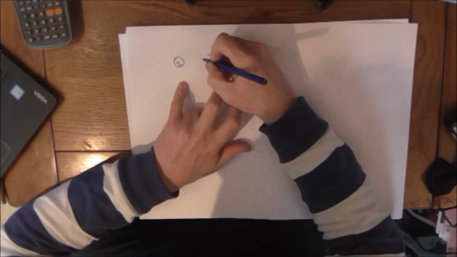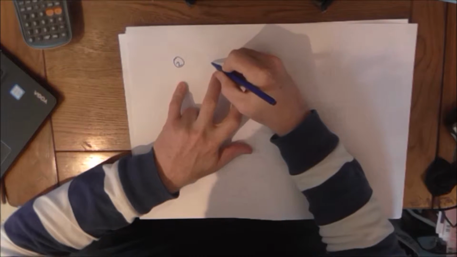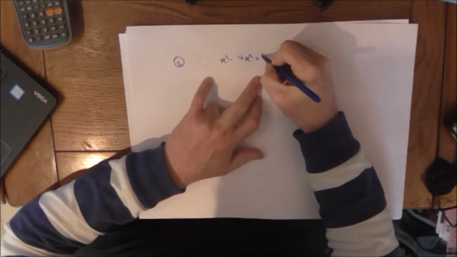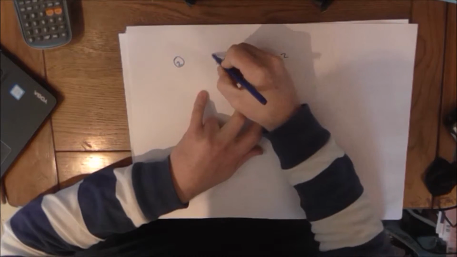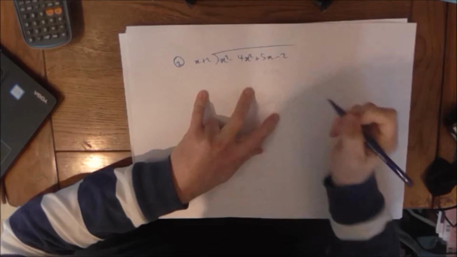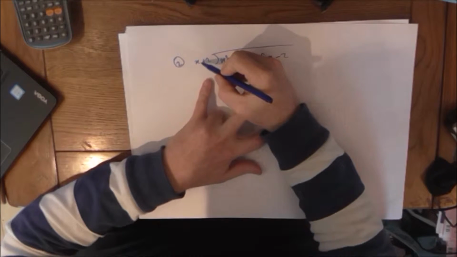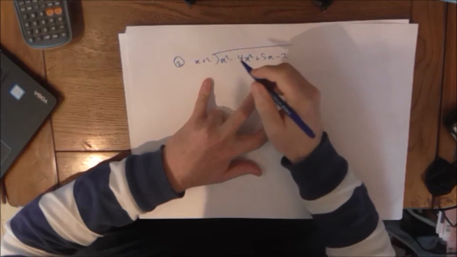So anyway, here's question number 2. So to find the remainder when you divide this by this, in other words you predict what would be down here if you did it fully, you ask what makes that 0 and you substitute it for x in here.